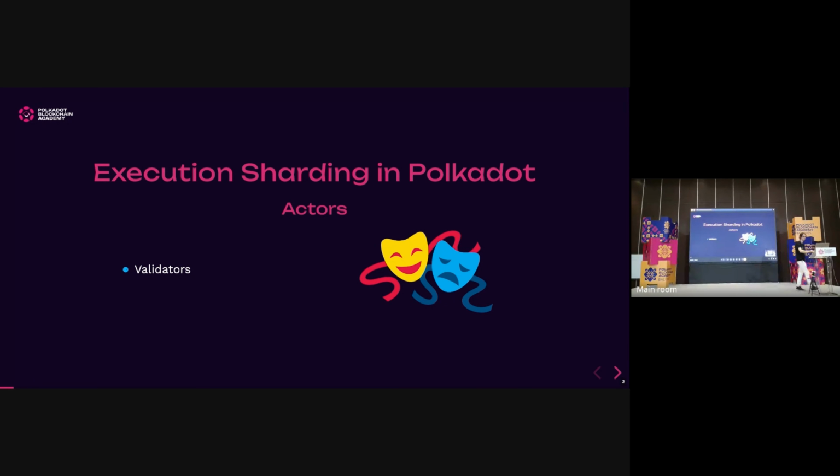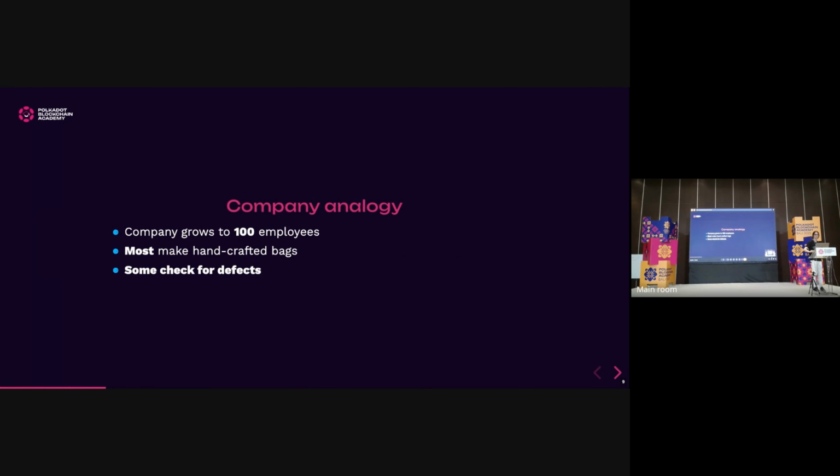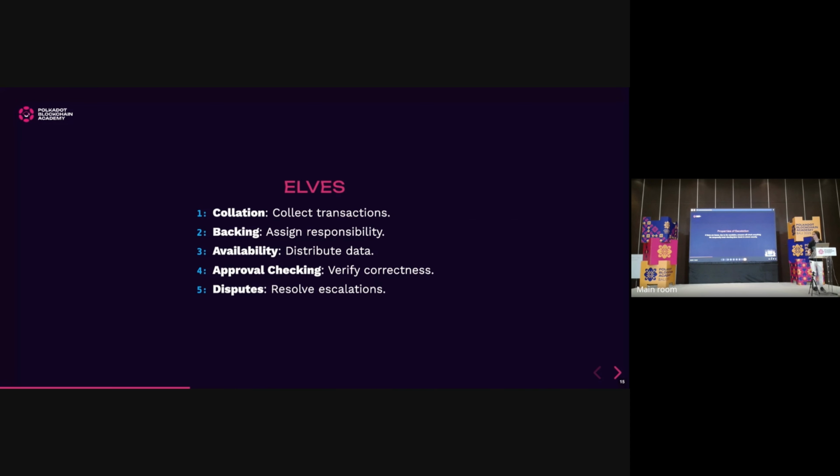Now we are deeper into the ELV's pipeline. The collator's job, the parachain node's job, ended on the collation phase. They passed over the data packages, the POV and the transactions. It got assigned responsibility in backing, which is on the relay chain.